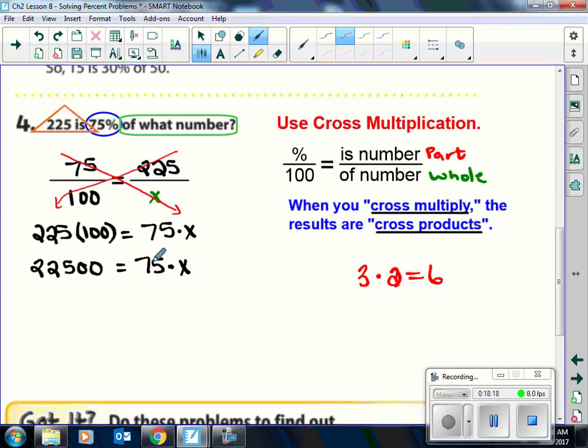So here, if I want to figure out what we're multiplying here, what do you think I'm going to do? Divide by the 75, right? So we're going to divide by the 75 here, and we're going to divide by 75 there. So here, 75 divided by 75 is equal to what? 1.